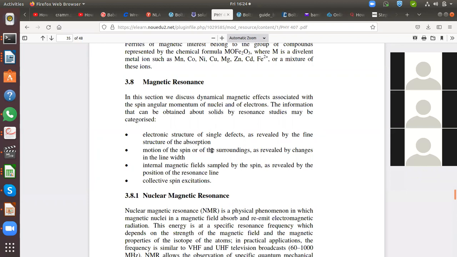Because in this part of the world we are more interested in theory, not experiments, it becomes difficult for us to know how most of these instruments are being used. But nevertheless, there are theoretical concepts and methodologies that we also use to study these things. One of them is what we call density functional theory, which we use to study the electronic structure of materials.